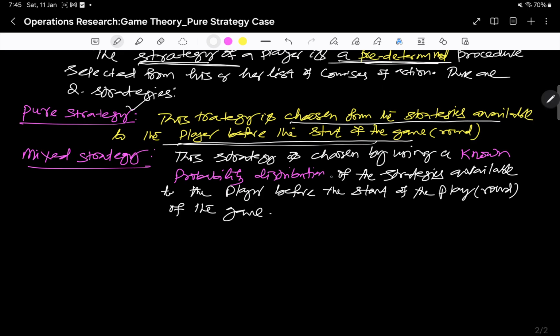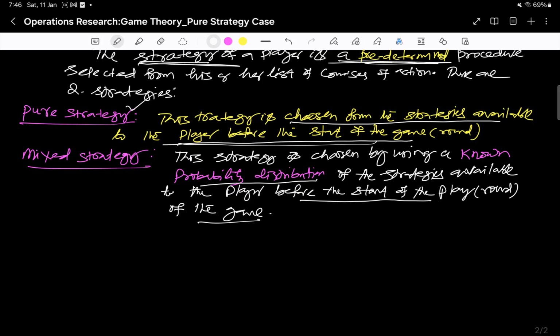A mixed strategy is chosen using a probability distribution over the strategies available to the player before the start of the game. It is not exactly the strategy, it is a part of the strategy, and the sum of the probabilities is 1.